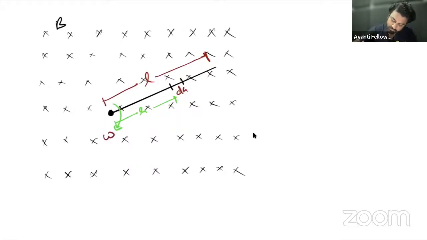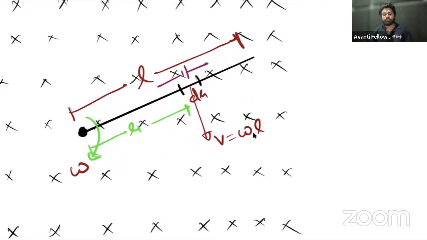So velocity is omega L, sorry, the velocity is down and the magnetic field is inside. So this palm will give me the direction of the positive side. This will be the positive side, by using the palm rule.